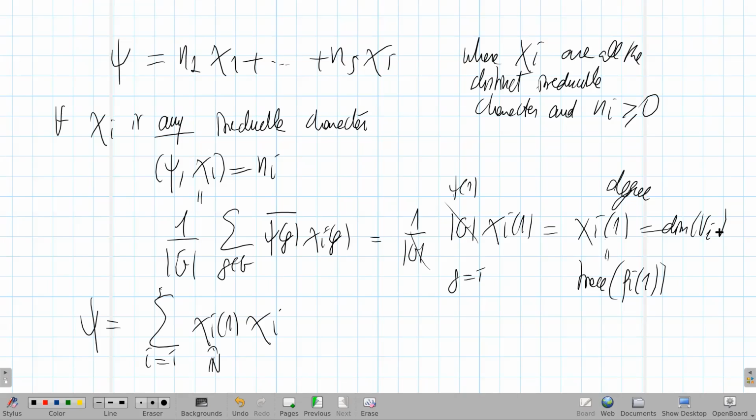So in particular, there is a finite number of irreducible characters, because they all appear within psi, which is finite dimensional.